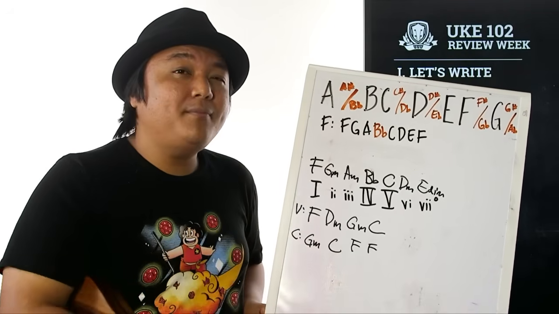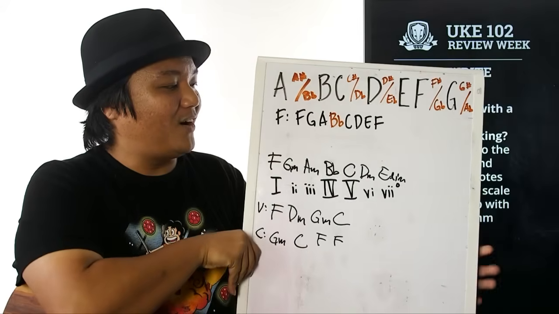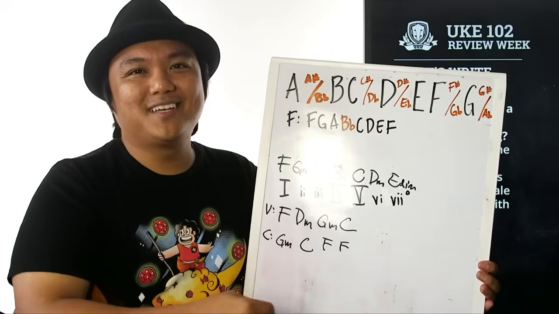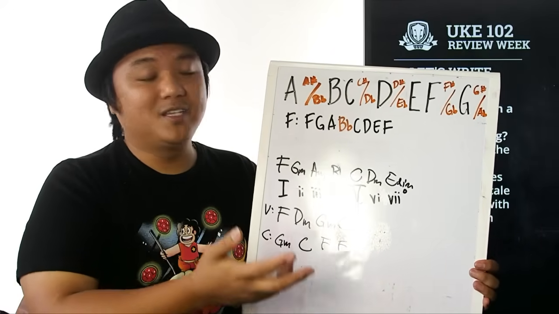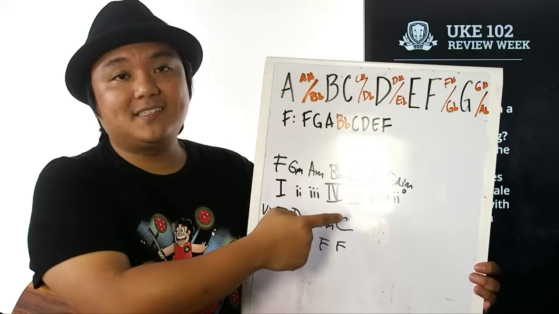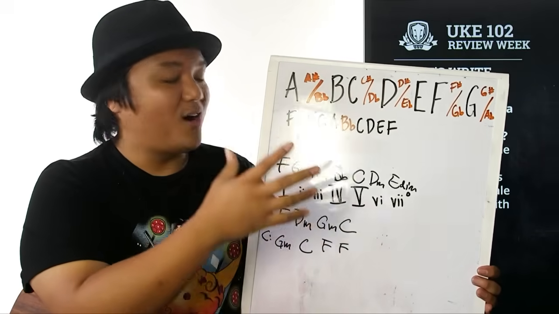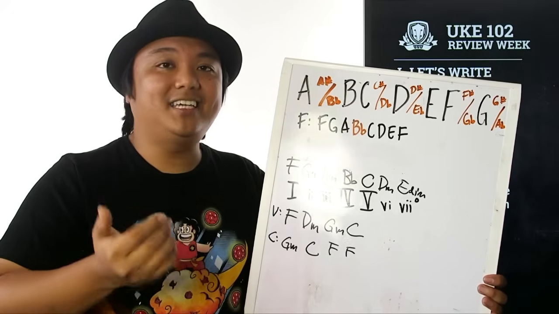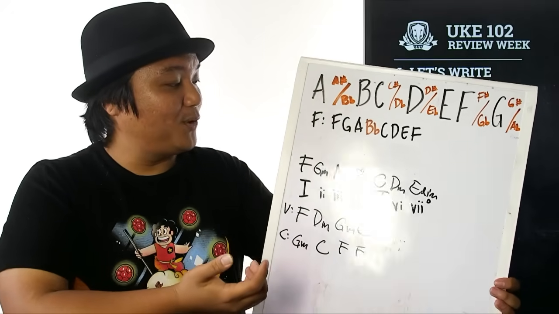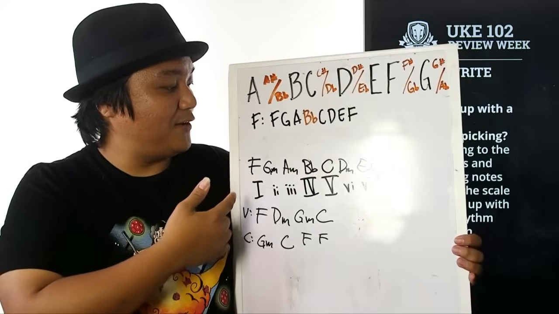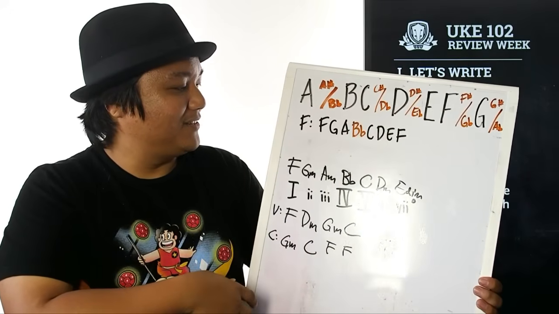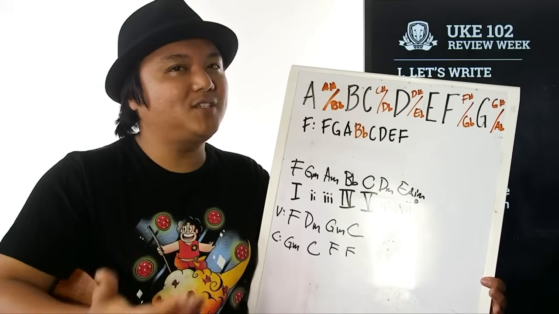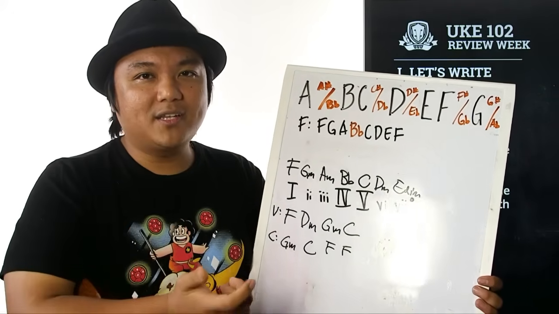No 3 of the same major chords appear in any other scale. So F, B flat, and C major only appear in the key of F. If you have those 3, you are guaranteed to be in the key of F. If you have the major chords F, C, G, you're going to wonder what key this is in.